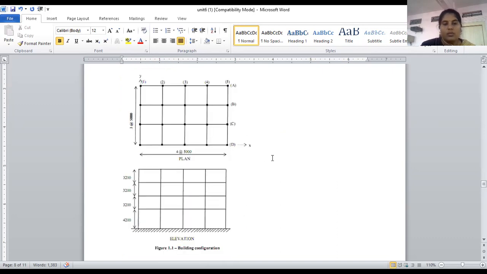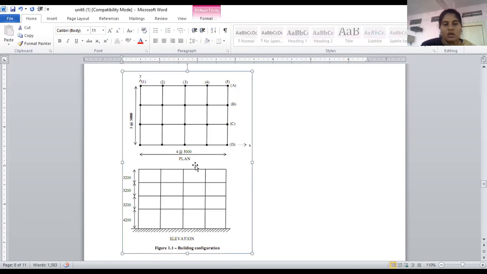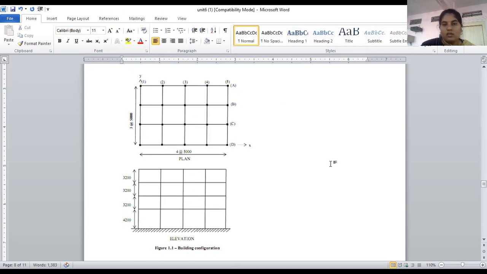I request all of you, please draw this diagram in your notebook. This is a plan which is shown here with respect to its elevation. If you understand the plan, you can solve the problem automatically. So draw this diagram neatly in your notebook. I will wait for 2 minutes.